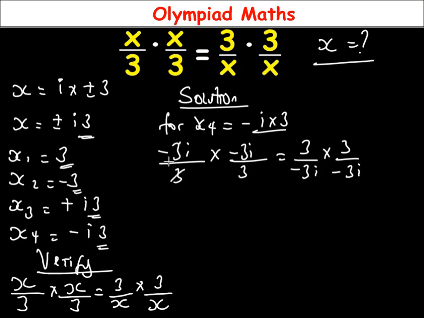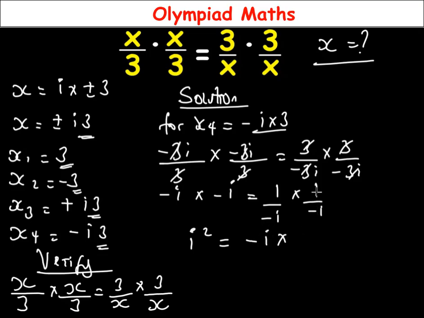So 3 divided by 3, you have minus i, times 3 divided by 3, you have minus i, is equal to 3 divided by 3, you have 1 over minus i, times 3 divided by 3, you have 1 over minus i. Now minus i times minus i is equal to i squared, which equals 1 over minus i is equal to minus i, times 1 over minus i is equal to minus i.